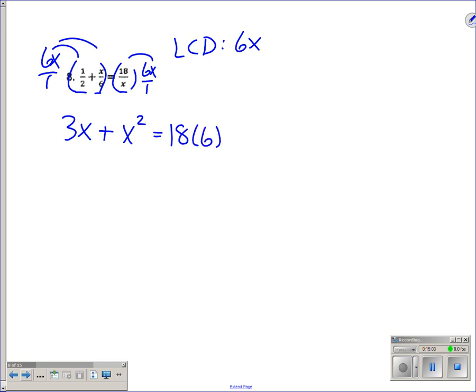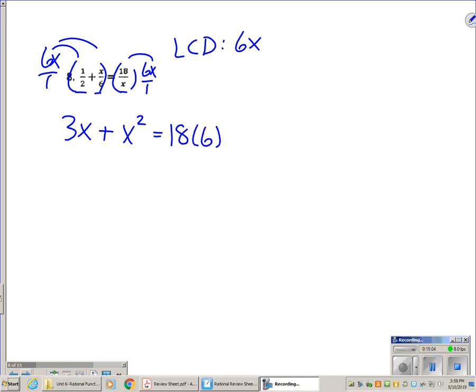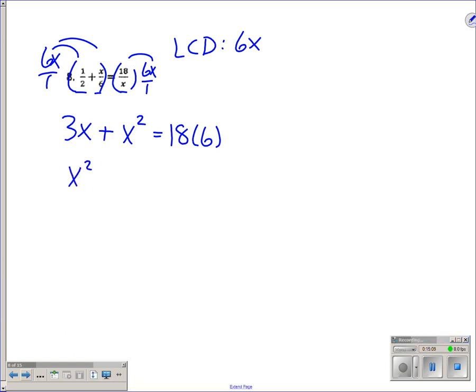So we got rid of the rational. Now I'm going to put this in order as x squared plus 3x equals 108, since 18 times 6 is 108. It's a quadratic trinomial, so we have to get everything on one side, equal to 0.